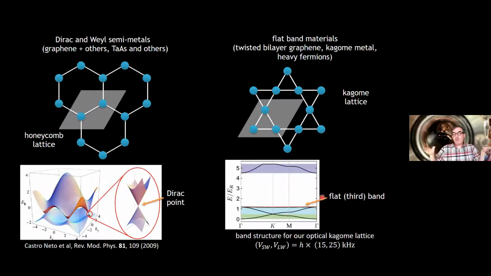It has zero dispersion. All the states within that band have exactly the same energy. So working with these two lattices, we can study the physics of flat band materials or the study of Dirac points and graphene sheets. Just because we're short on time, I'll focus on the example of the honeycomb lattice and highlight some of the very recent work coming out of the group.